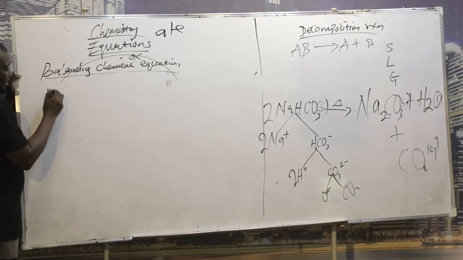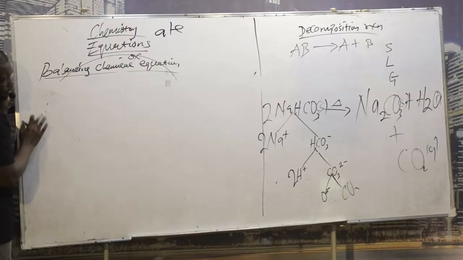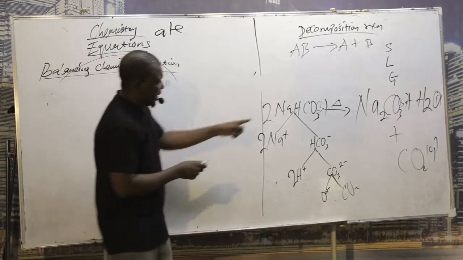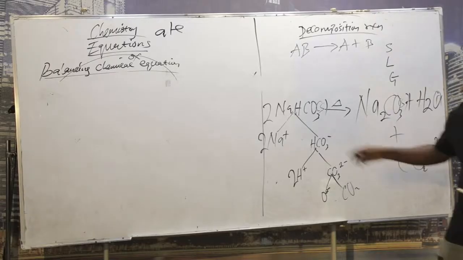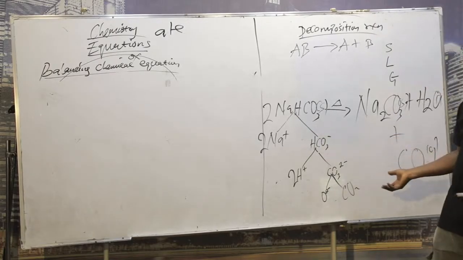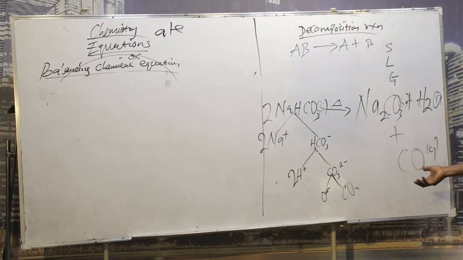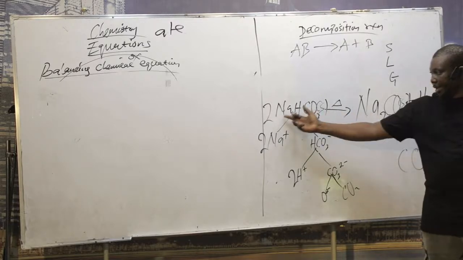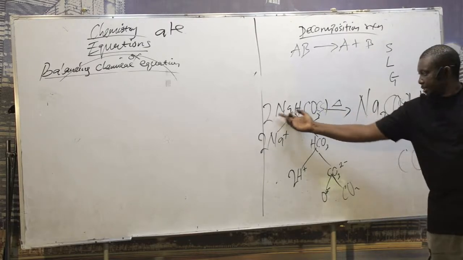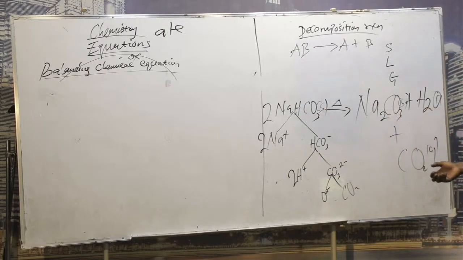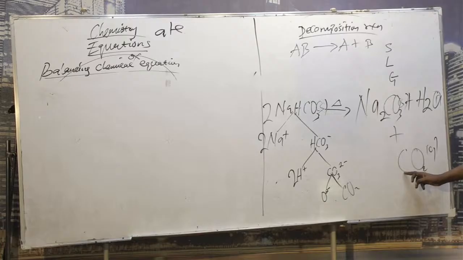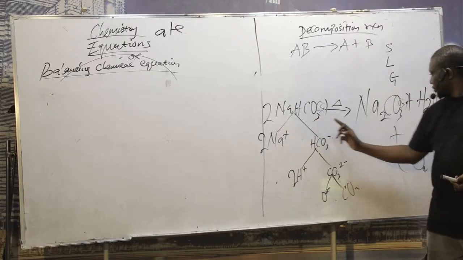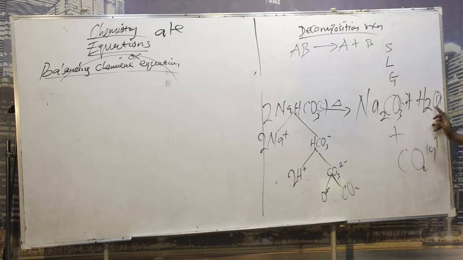You have not said if this one is a redox reaction or not. It's balanced now. Do you want us to check if it's balanced? It's balanced. 2Na, 2H, 2C, 6O. 3 plus 2, 5.